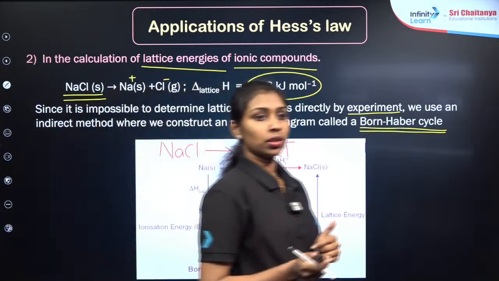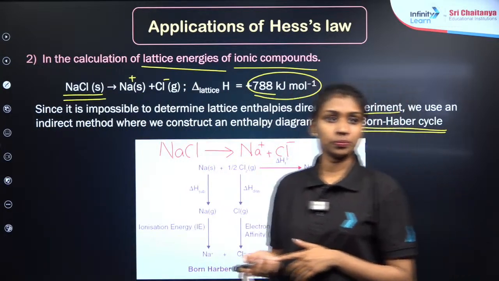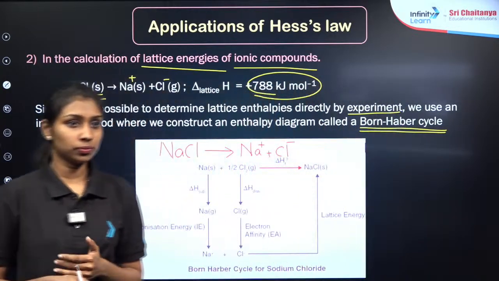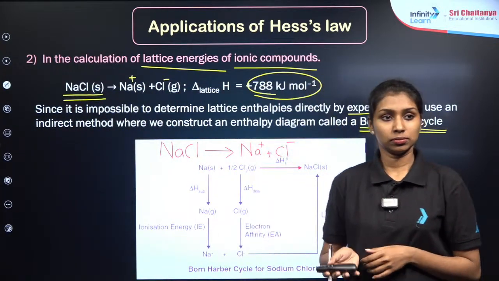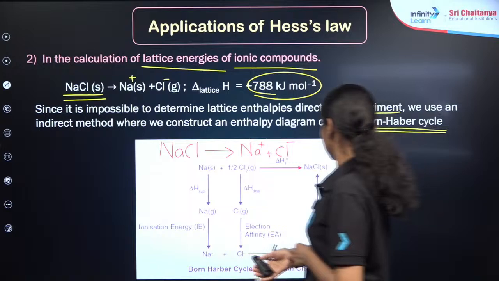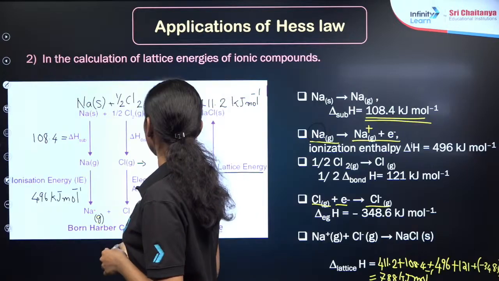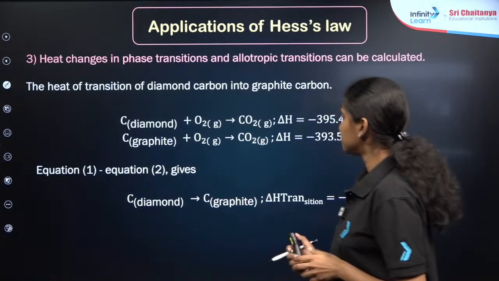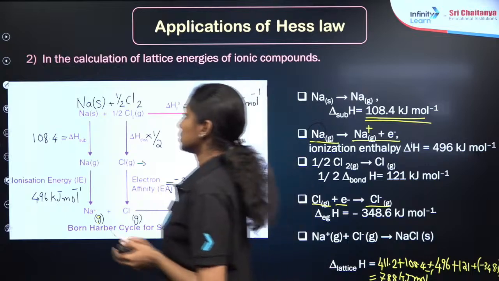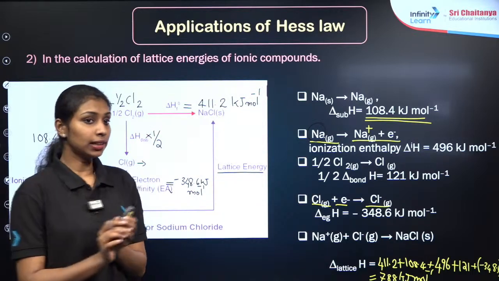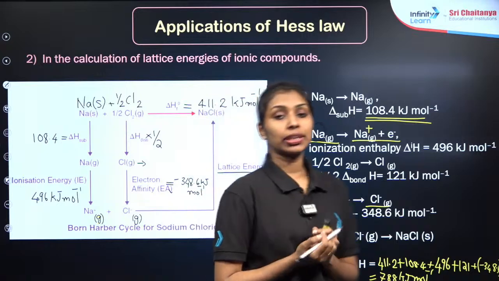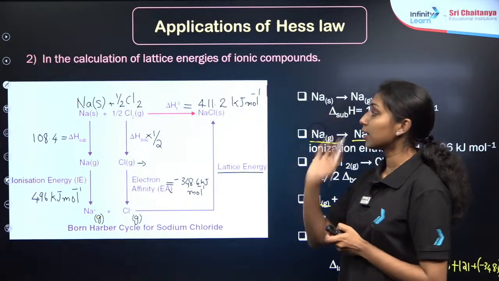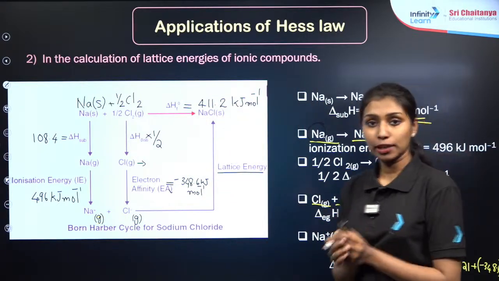Clear? That's all about the Born-Haber cycle, which is used to find out the lattice energies for ionic compounds. For example, I am taking NaCl here. I hope it was clear for everyone.